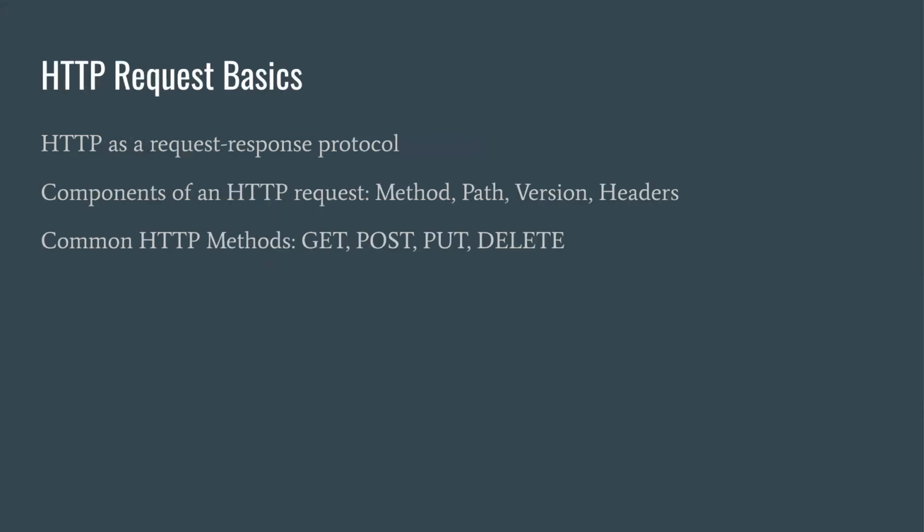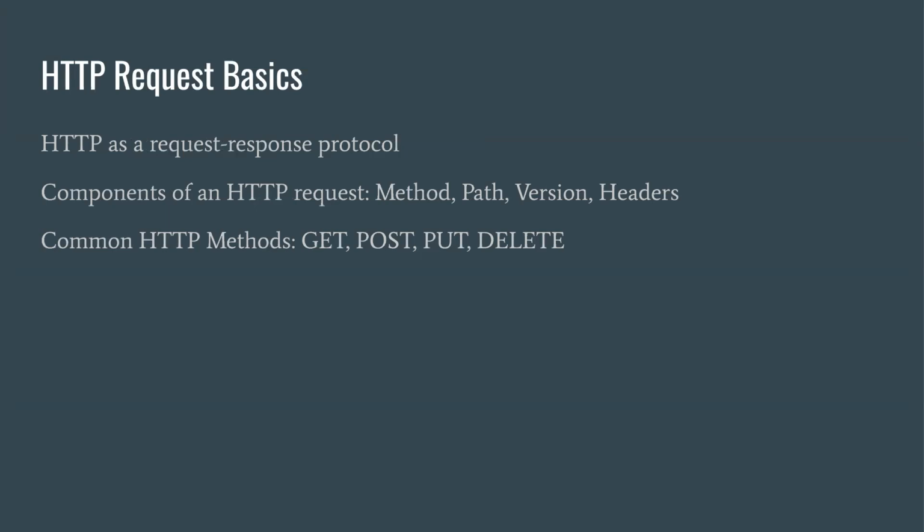So let's look at HTTP request basics. HTTP operates on a request response model. So a client, usually your web browser, will send an HTTP request to a server. This request is made up of several key components.